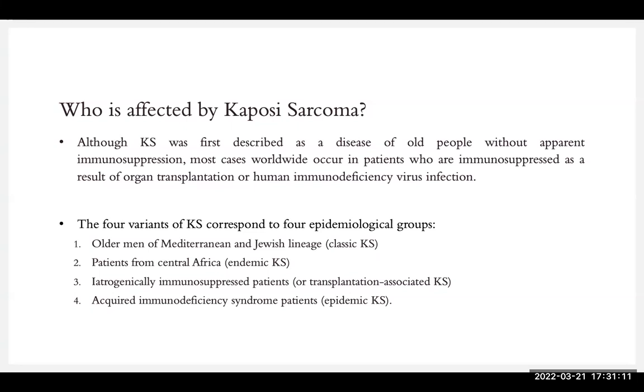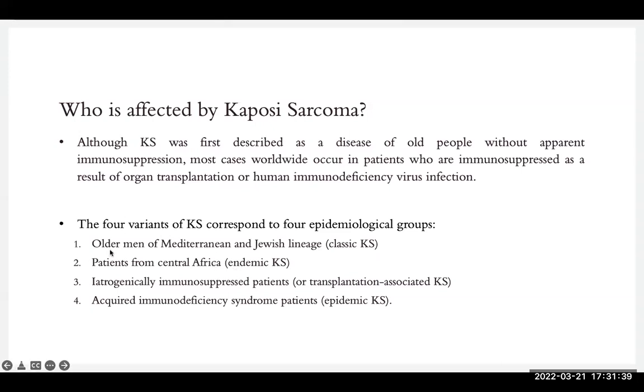So when you're talking about who is affected, as I mentioned before we never used to see a lot of this until a lot of people started becoming immunocompromised and the HIV prevalence started rising. So you see the epidemic one with HIV patients, you see the iatrogenic one with transplant patients, and you see the endemic one in the central region.